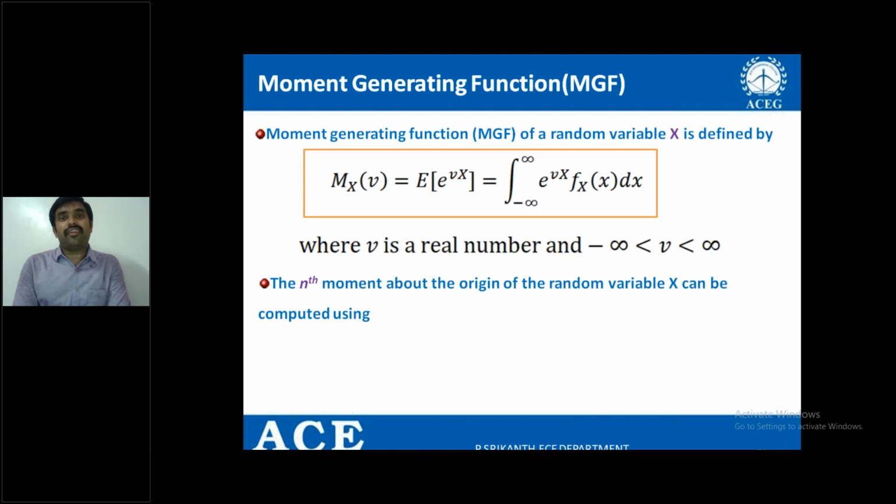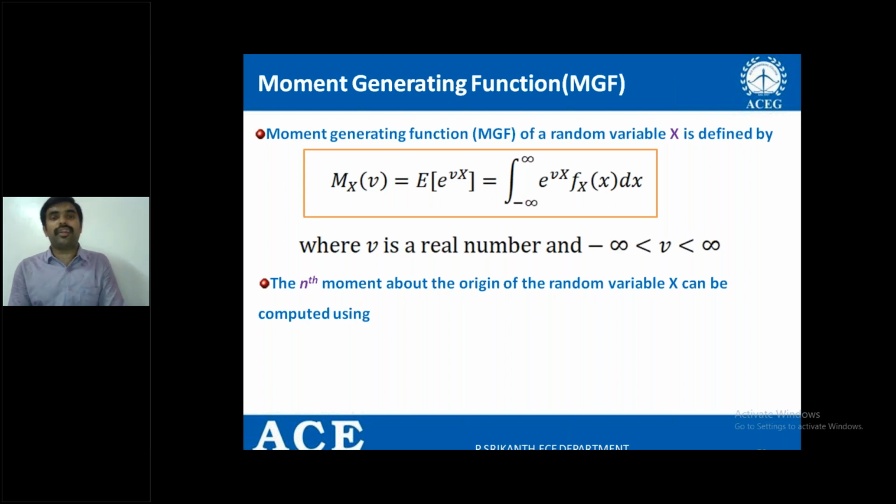Now, what is the purpose of the moment generating function or characteristic function? Ultimately, to derive the moments. Why? Because the moments are used for finding the statistical parameters. That is our ultimate goal. Therefore we need to write the expression for the nth moment using this MGF.